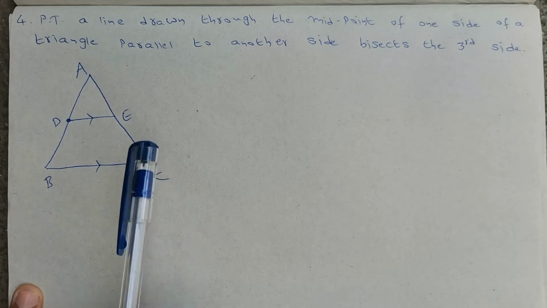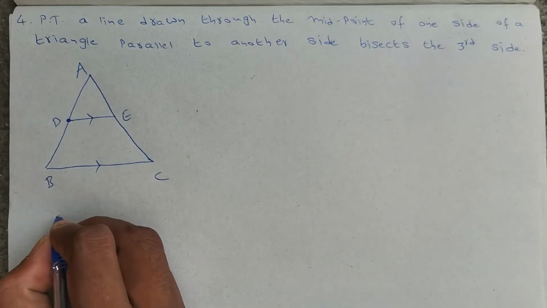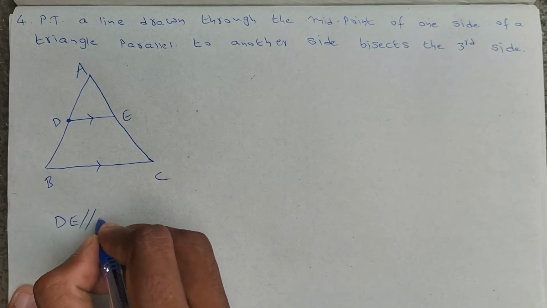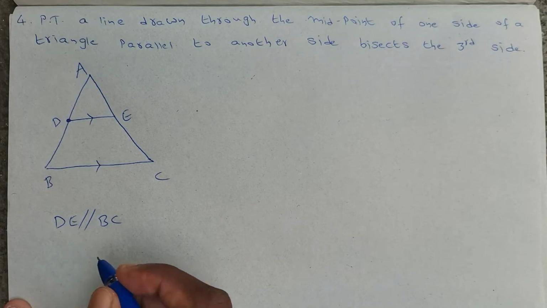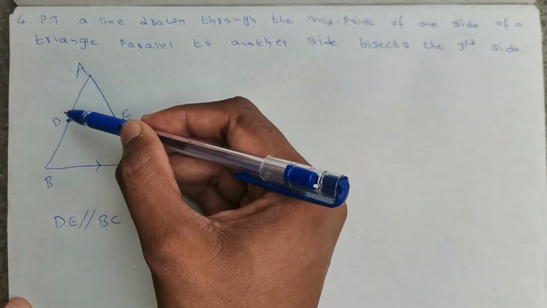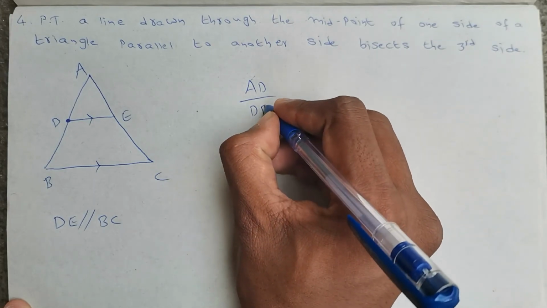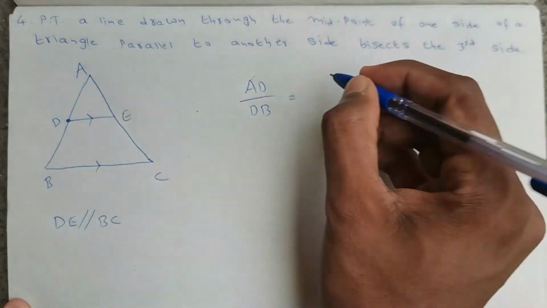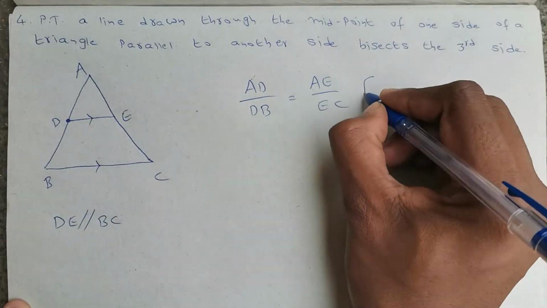Okay, first thing he clearly said that parallel sides. So DE is parallel to BC. It is given. Now, if DE is parallel to BC, according to BPT, we can write upper one by lower one. AD divided by DB is equals to upper one by lower one, AE divided by EC, by BPT.